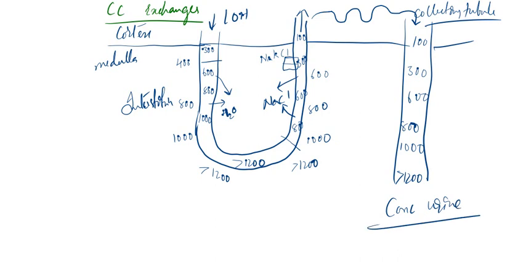Why did the urine become concentrated? Because of reabsorption of water, which occurs in the collecting tubule. Do you understand or not? Yes. Now LOH is finished.